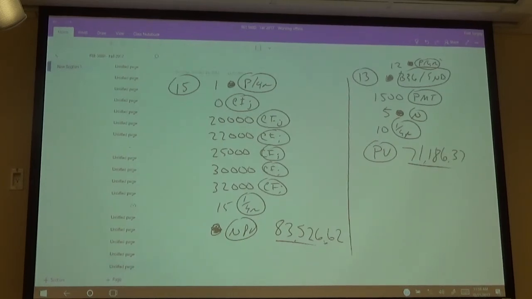Yep. Every time we see the word annuity due, not just annuity by itself, but annuity due, we have to use the begin mode. That is correct. If we're making a payment over the course of time, wouldn't this be an outflow? Oh, no, you could put it that way. I'm getting sloppy, so yes, technically it should be, I'm just trying to minimize the keystrokes.